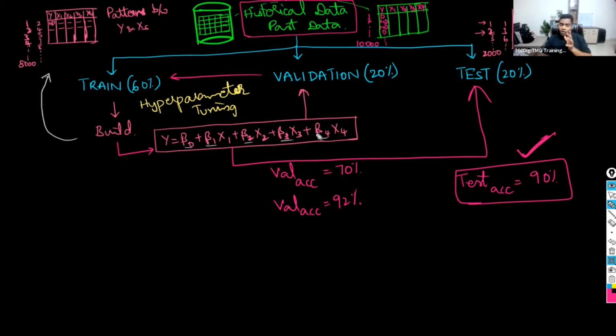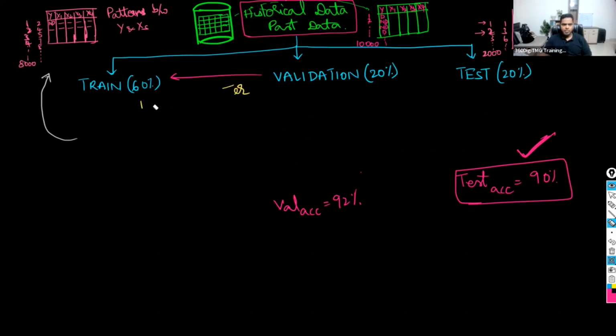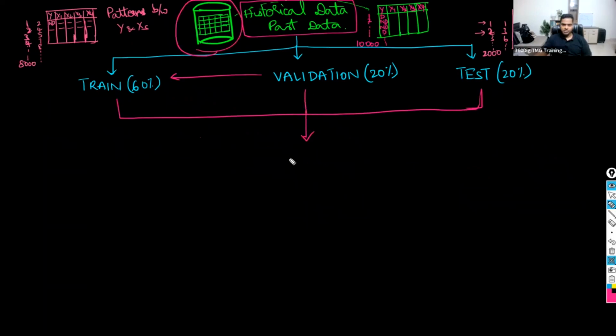Record those hyperparameters and the model parameters, and then retrain using the same hyperparameters and the same model that you built on the complete data set. Combine the data set, that means you get back to your historical data set, take your complete data, and then build a final model.